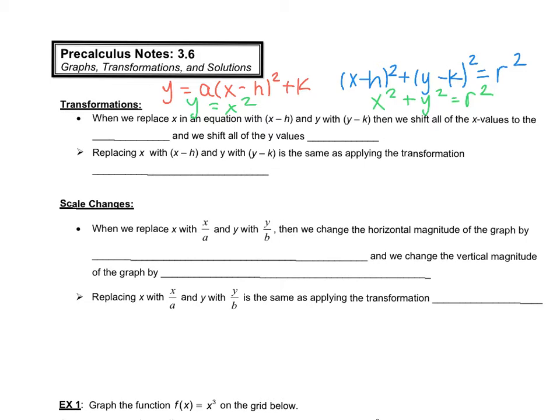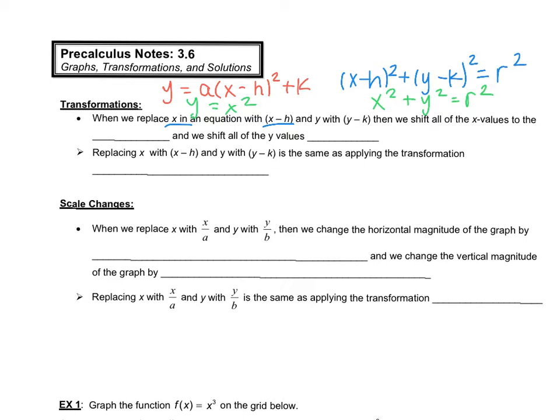So when we replace x in an equation with x minus h, just like we saw with parabolas and circles, and when we replace y with y minus k. So this makes sense with the circle, but with the parabola, this k is over here. Well, all we would have to do is subtract k from both sides, and then k would be with y. So when we do that, we see all of the x values shift to the right h units.